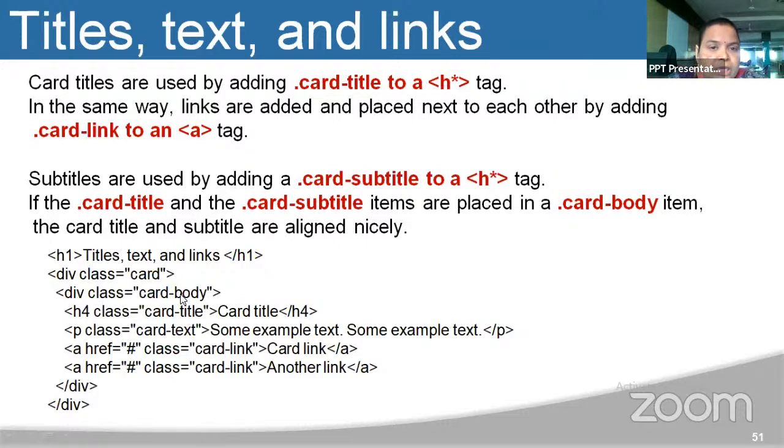And then how many classes are represented here? First one, card, is one class, second one, card-body, is another class, and then in the card body you are using card-title as one class, and then another class called card-link, card-subtitle. Now here different classes are available, using all the classes in this one.